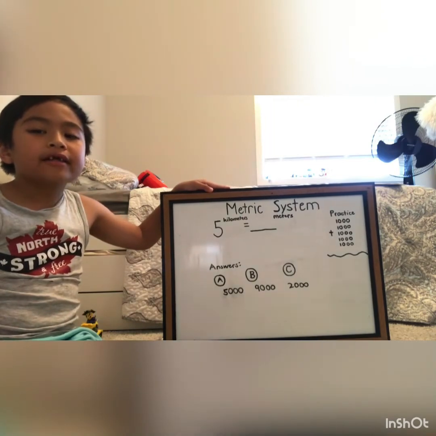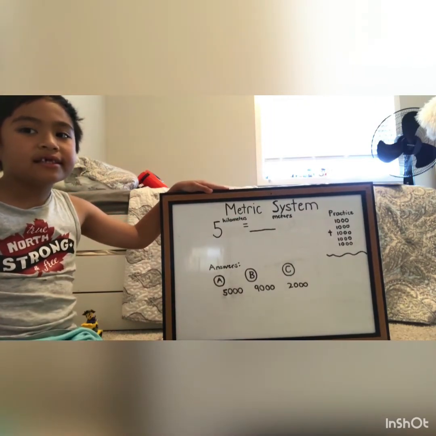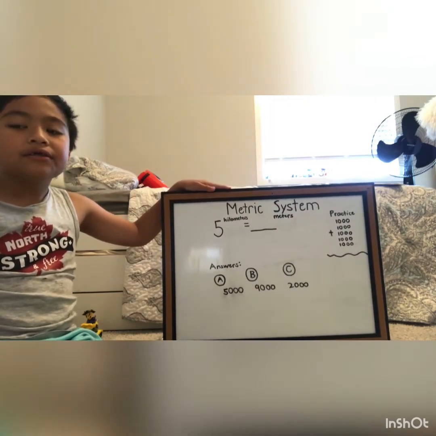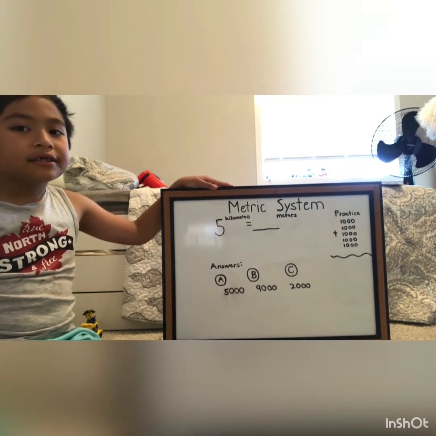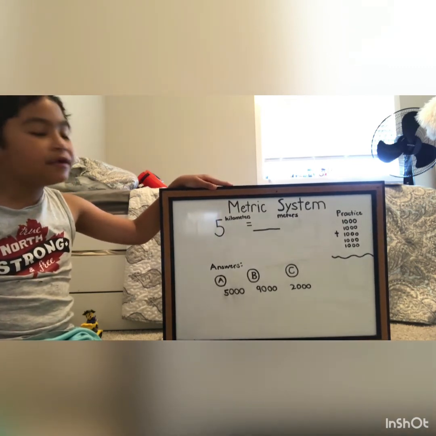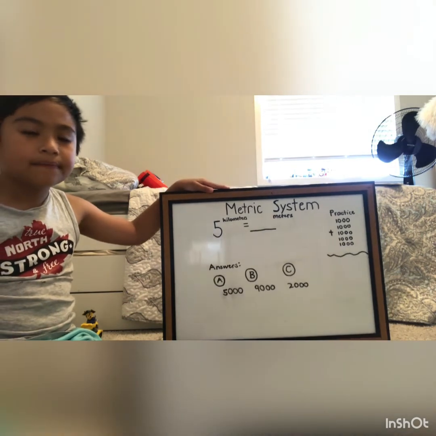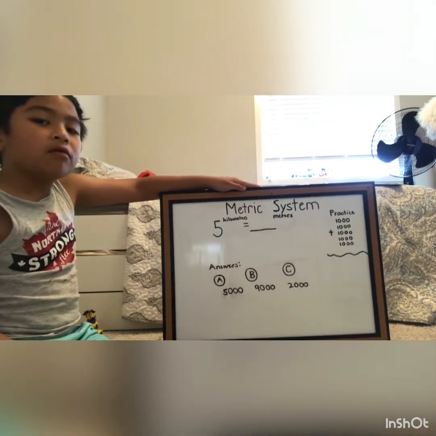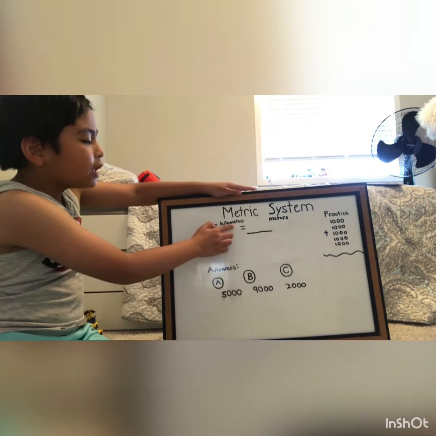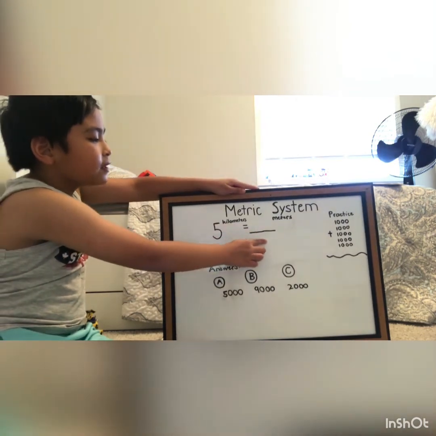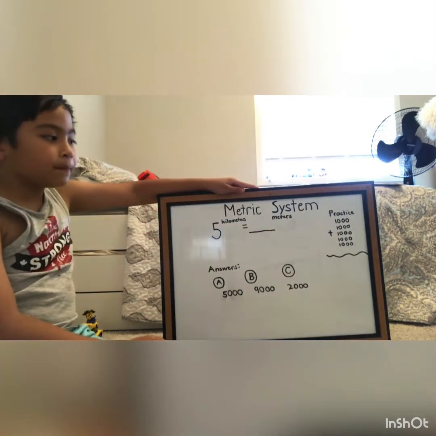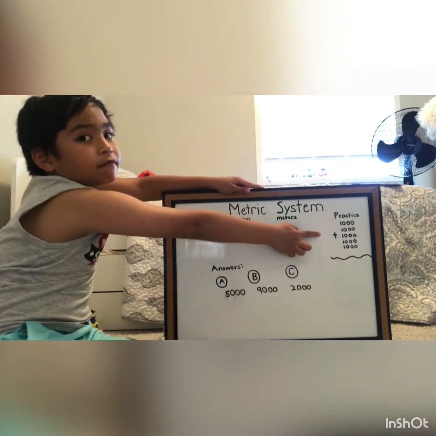Now we are at our last one, distance. Now we can go on to the English system. But first we need to do distance first. Here is the question. 5 kilometers equals something meters. Here's the practice if you need.